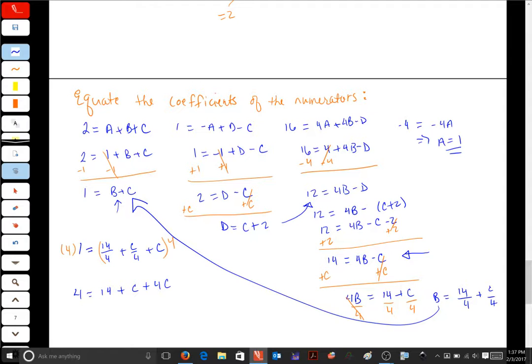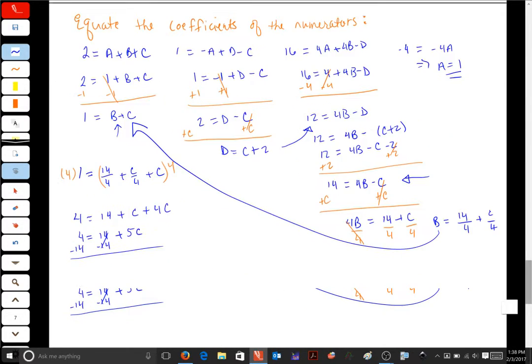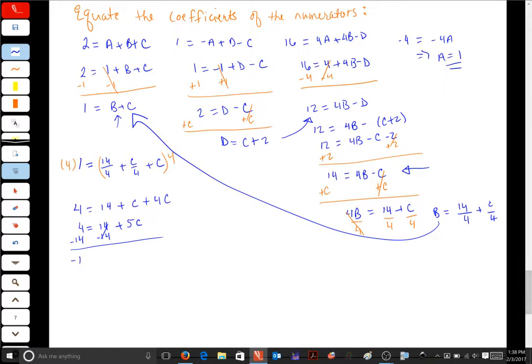So how many c's do we have? Solve that for c. Our final answer might have fractions in it. What is 14 minus 4? Negative 10. Divide by 5.